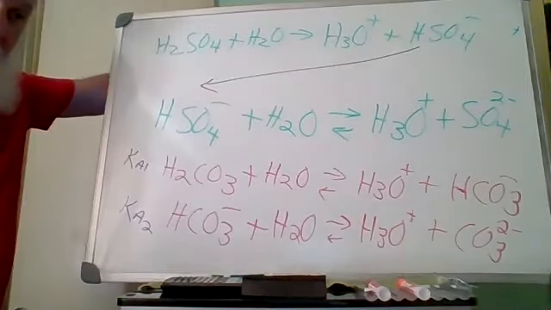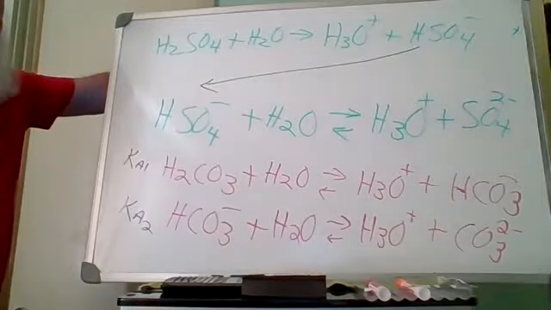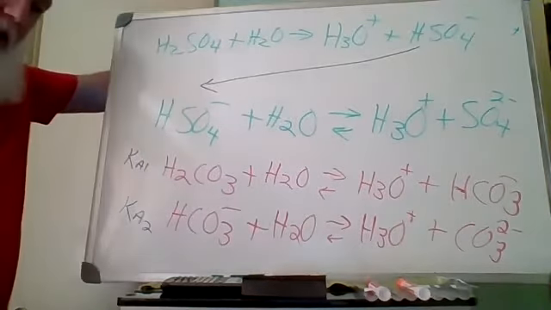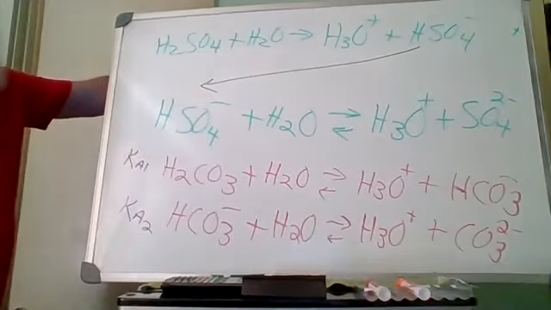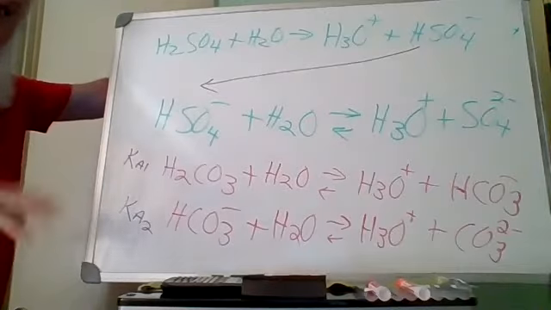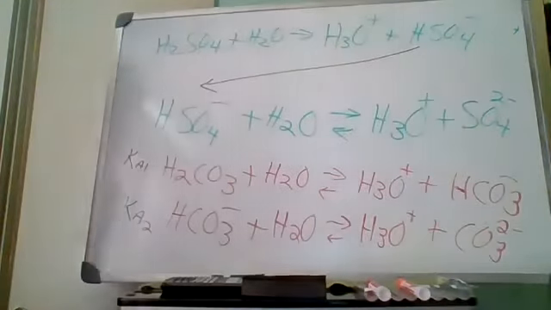Ka1 is much, much bigger than Ka2, which in turn is much bigger than Ka3. So removal of the first proton is easiest, and we learned about this last class in chapter 15 in the relationship between acid strength and molecular structure. You were given a problem or two on that.